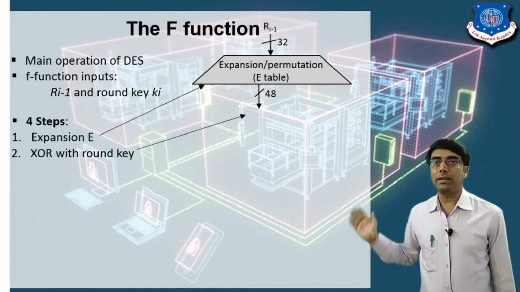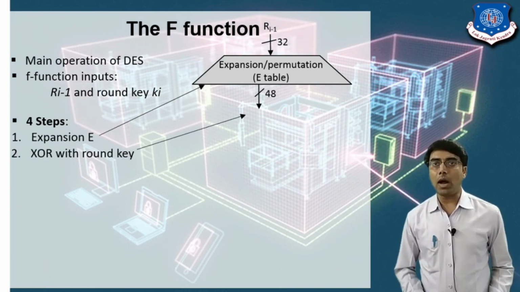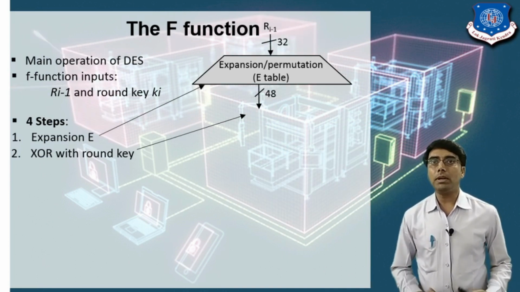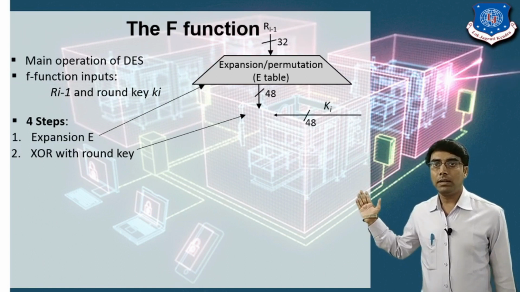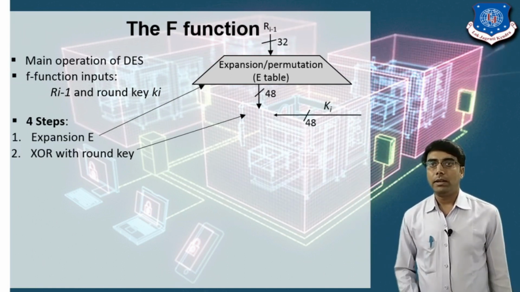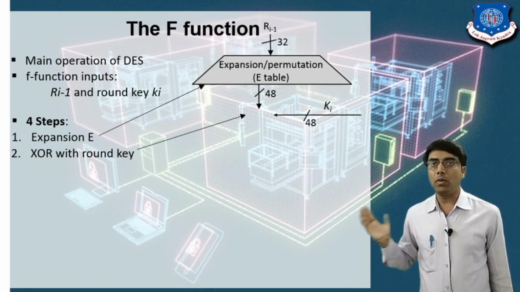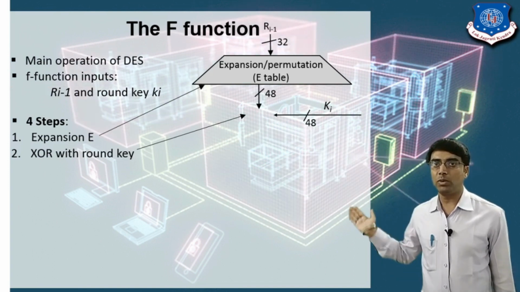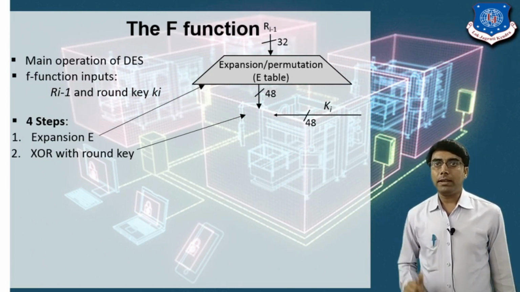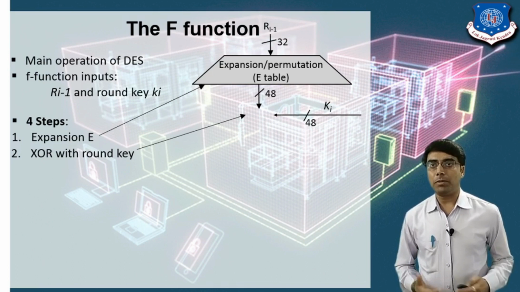Now we are applying the XOR with the round key. It means we are running the XOR operation on the right half along with the key. The size of the key must equal the size of the plain text. That's why we need an expansion permutation.